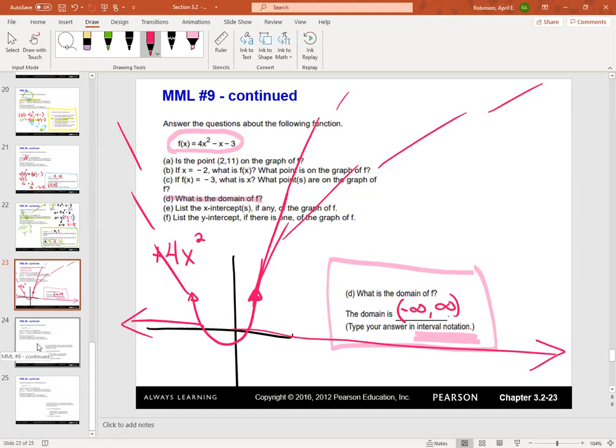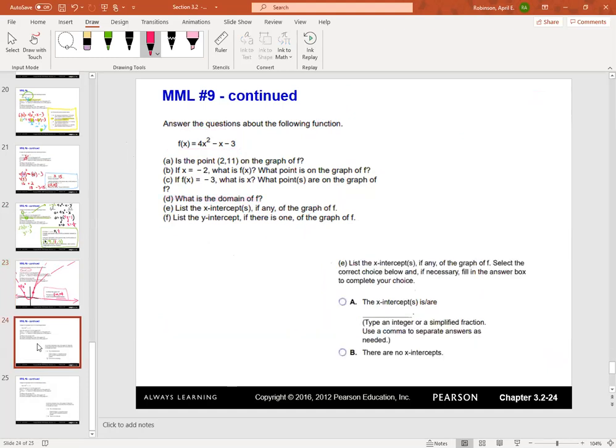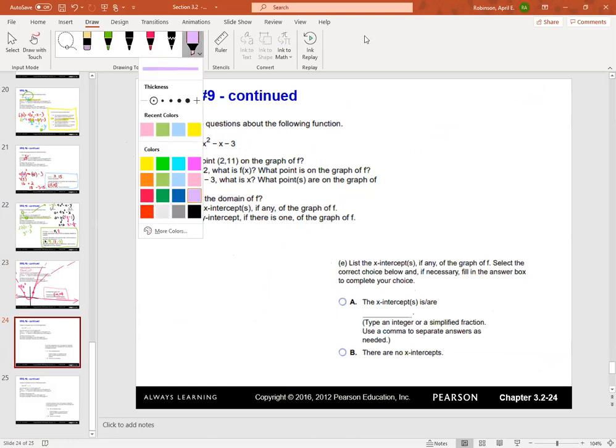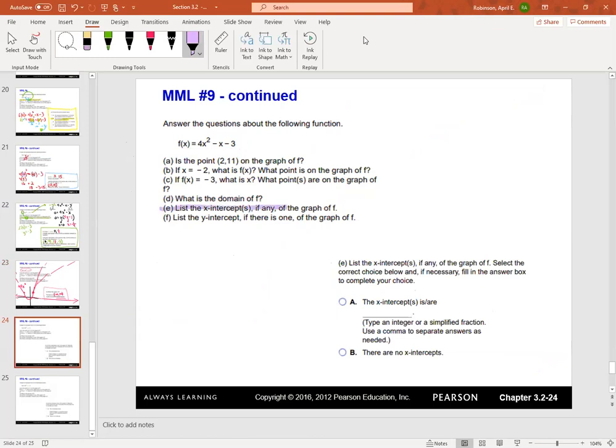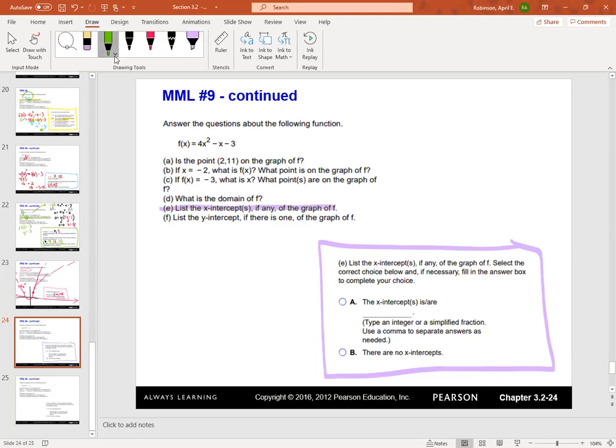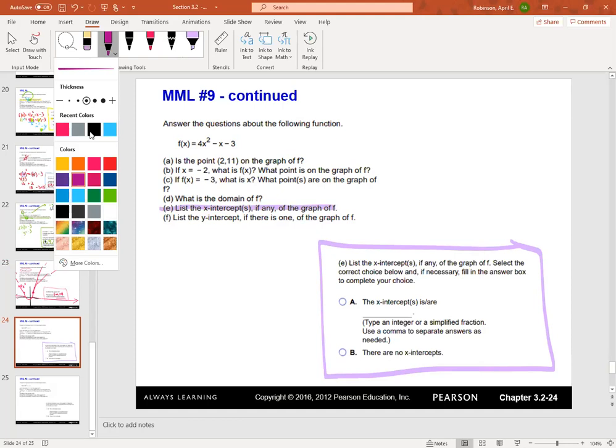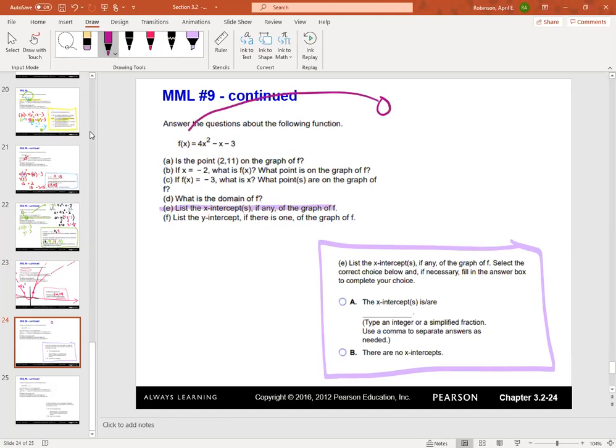All right, and E, list the x-intercepts. The x-intercepts are where they cross the x-axis, and the y-coordinate is always 0. So for this one, I'm going to have to let y be 0. You're going to stick 0 where f of x is.